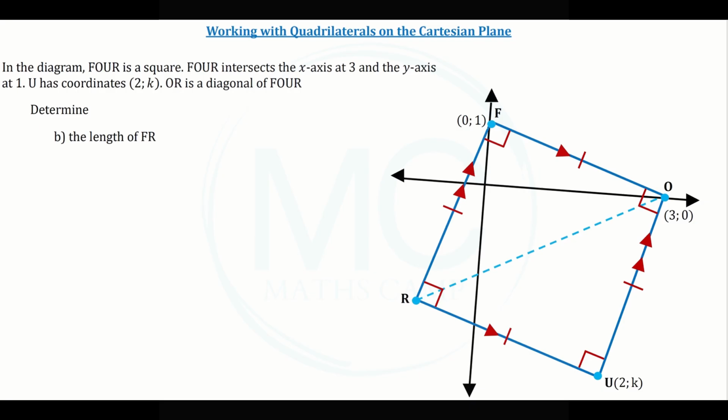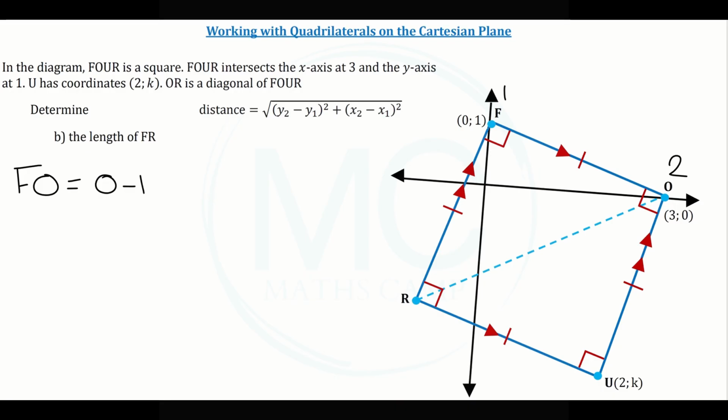So let's use the distance formula and find the length of FO. Let's say that F is our first point and O is our second. We can say the length of FO is equal to 0 minus 1 in a bracket squared plus 3 minus 0 in a bracket squared, all under a square root. 0 minus 1 gives us negative 1.